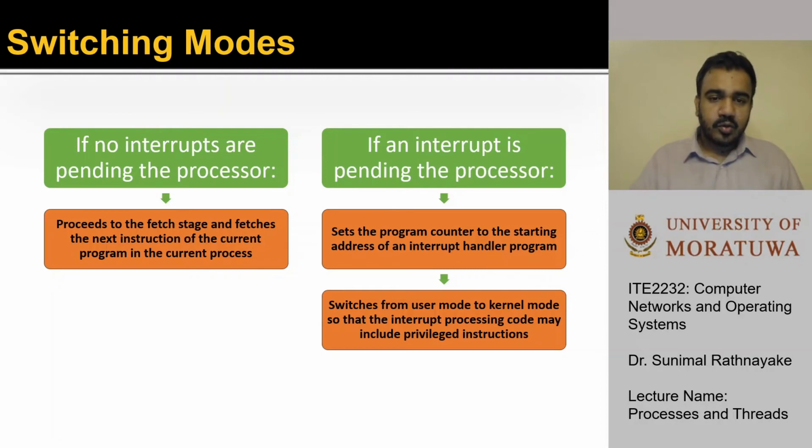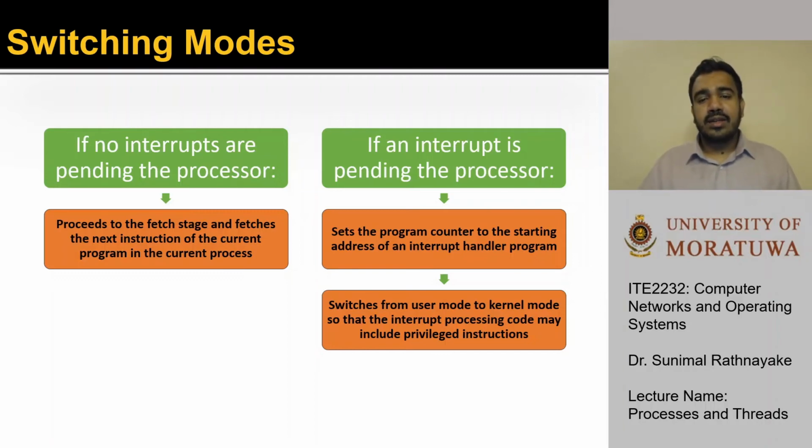So when it comes to switching between processes, we talked about switching. There are different ways that switching can occur. If no interrupts are pending in the processor, when it is switching, the processor proceeds to the fetch stage and fetches the next instruction of the current program in the current process.